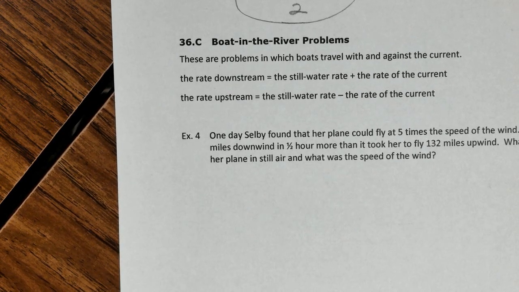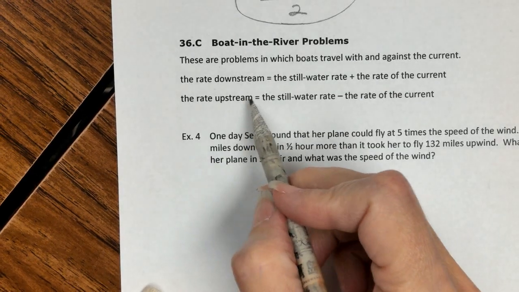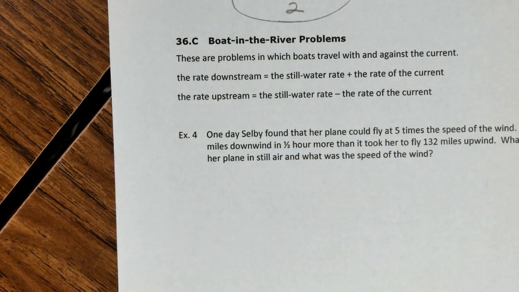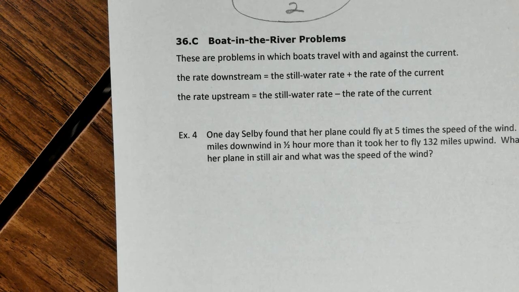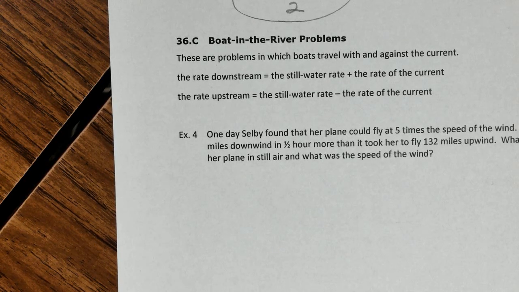So when it's a boat, the rate downstream would equal the boat's still water rate, how fast it can go when the water is still, plus the rate of the current, because the current is helping it along. The rate upstream, that's where it's pushing against the current, so that'll slow it down. It'll be the still water rate minus the rate of the current.